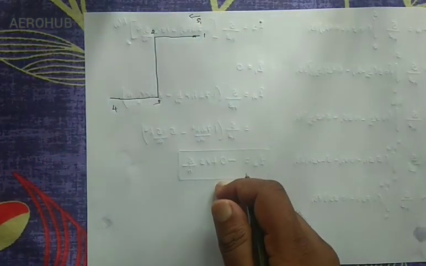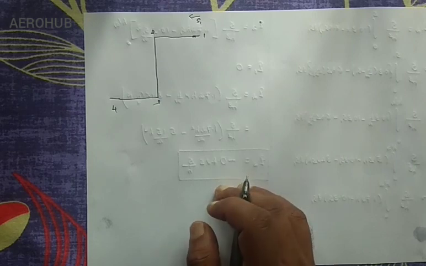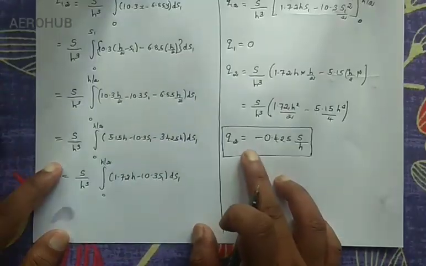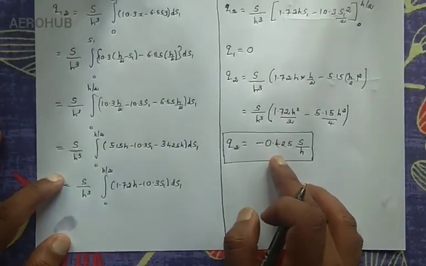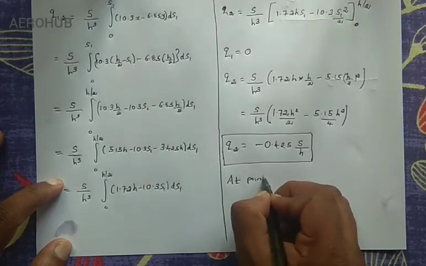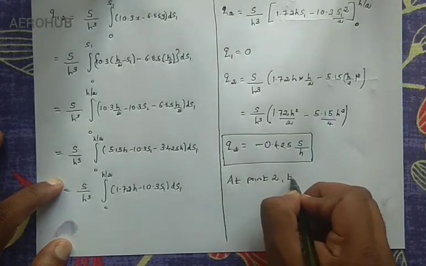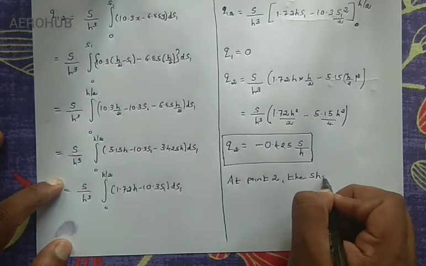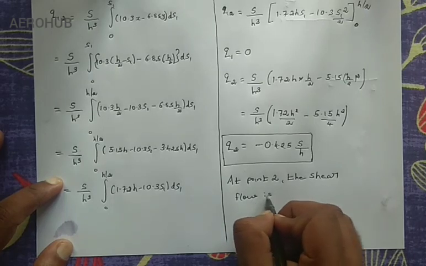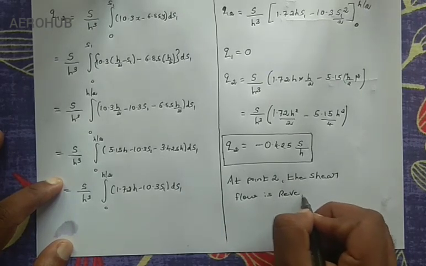Okay, we introduce the shear flow from right to left, and at point 2 we have a negative value. Okay, at point 2 the shear flow is reversed.